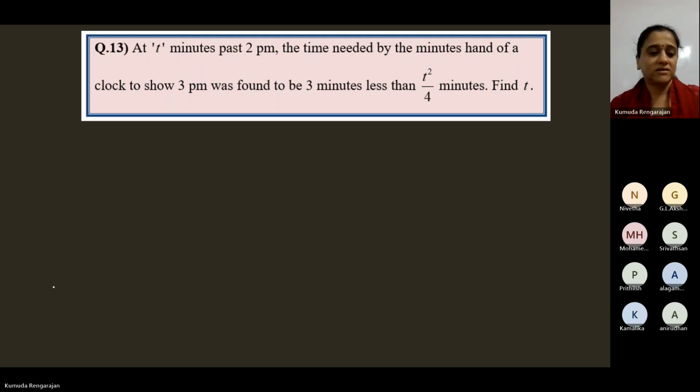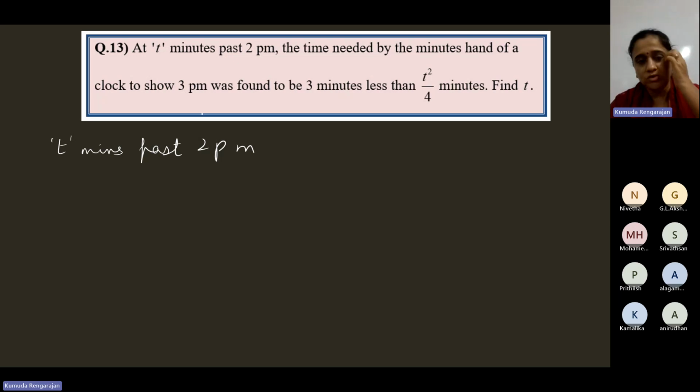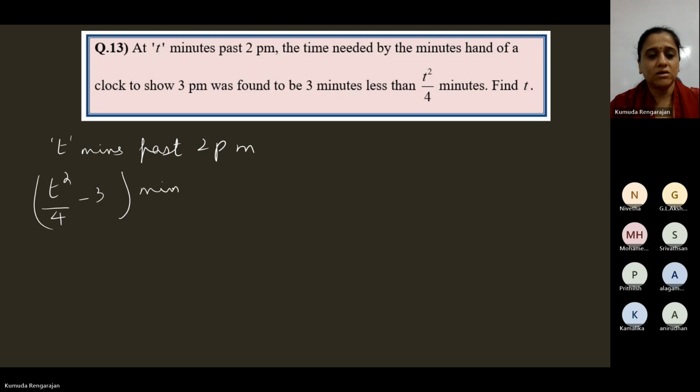Find T. We'll say the time with respect to 2 p.m. and 3 p.m. So it is T minutes past 2 p.m. And for the clock to show 3 p.m., it was found to be 3 minutes less than T square by 4 minutes. So you need T square by 4 minus 3 minutes to 3 p.m.